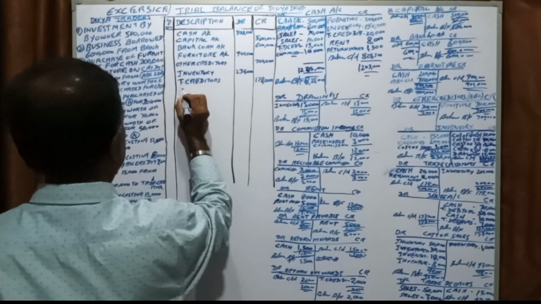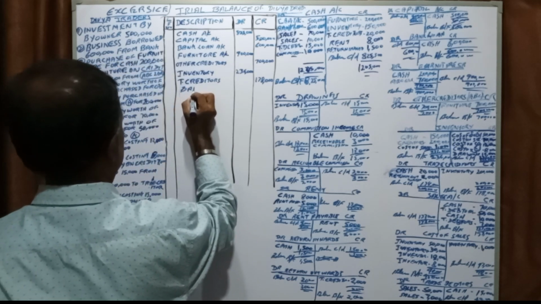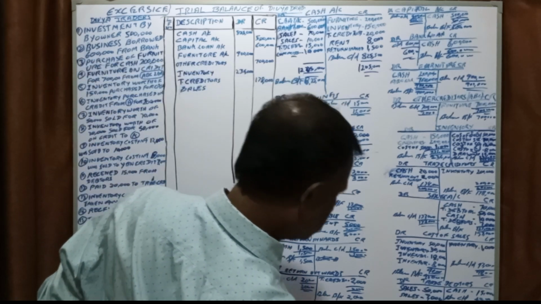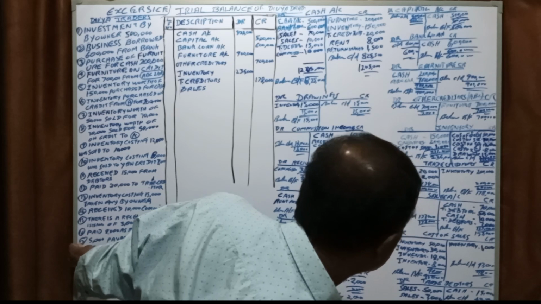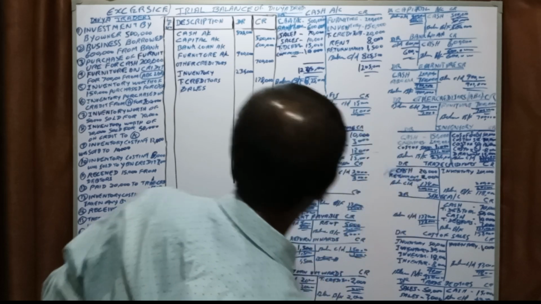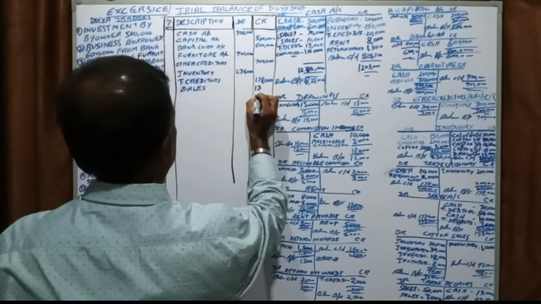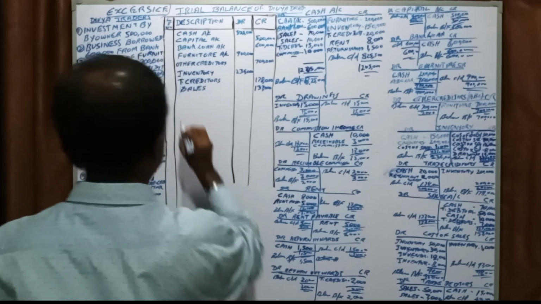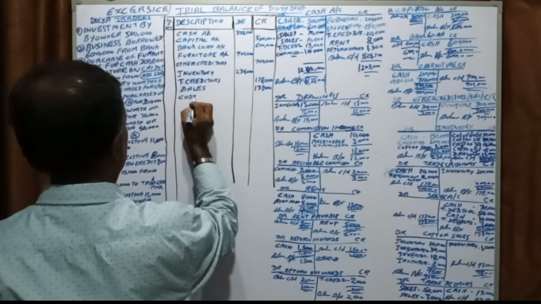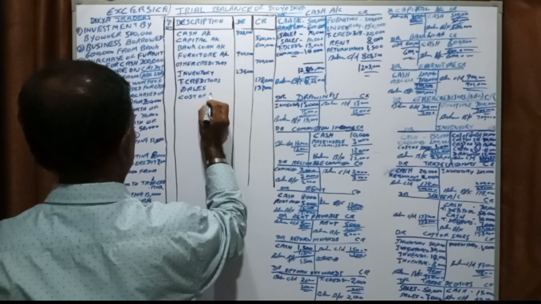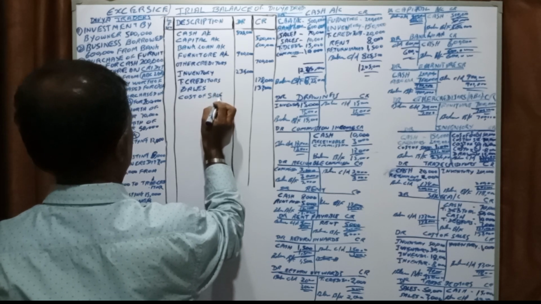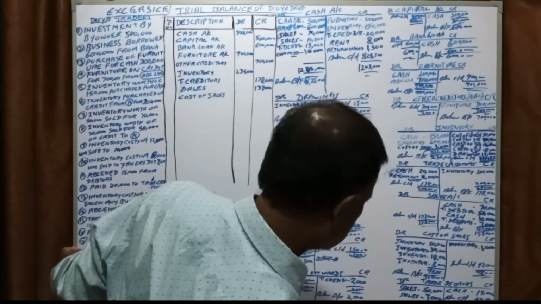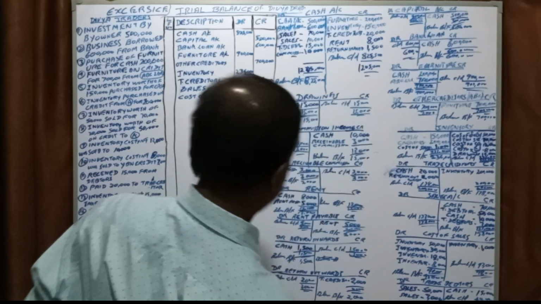Other one is sales, which has a balance of 137,000. Next one, cost of sales, had a debit balance of 97,000.